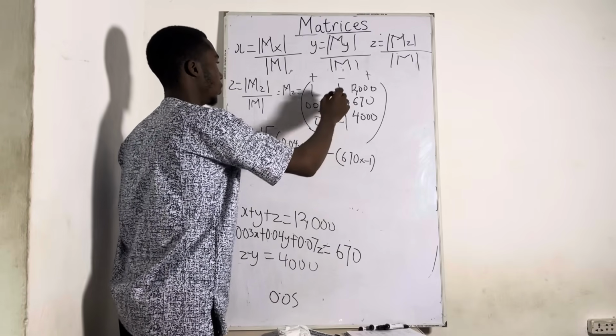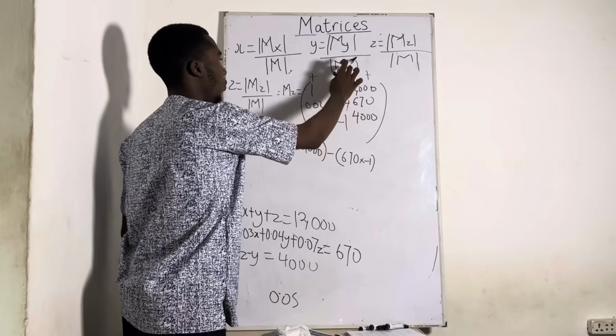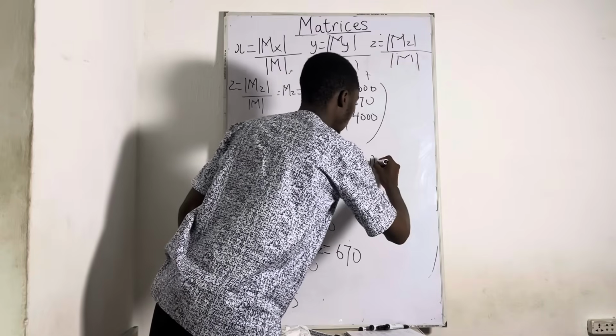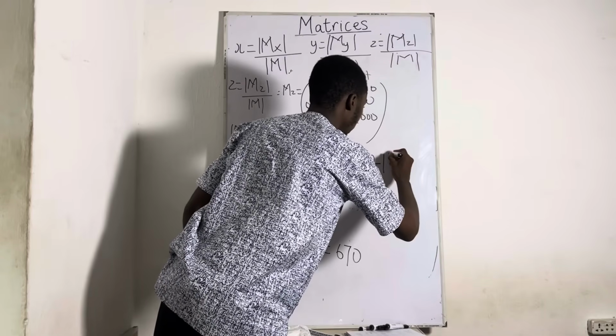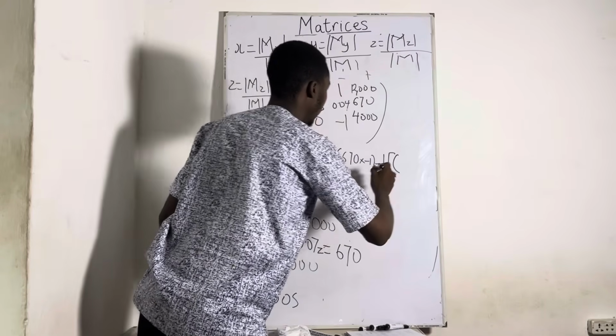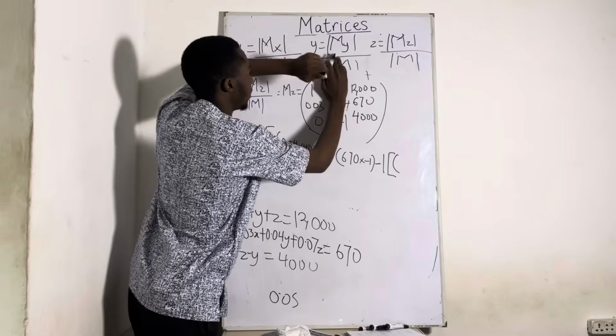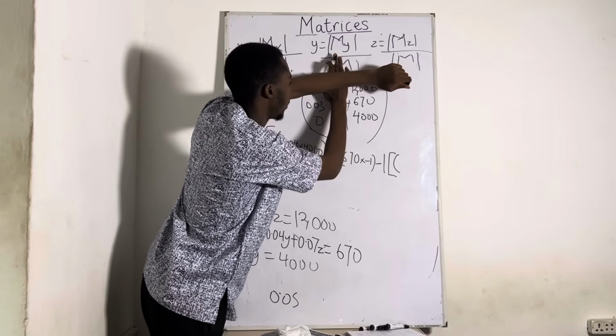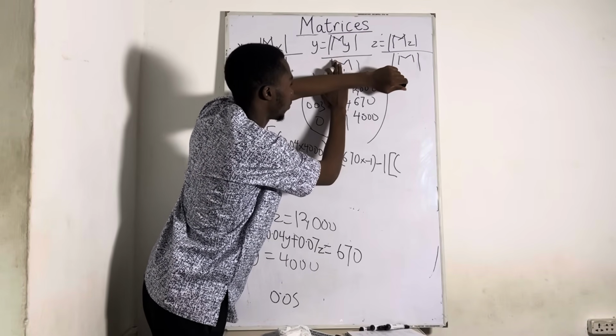Now we move on to the second part. So -1, and open a big bracket. You cover this and this, so it's left with 0.03, 670, 0 and 4,000.